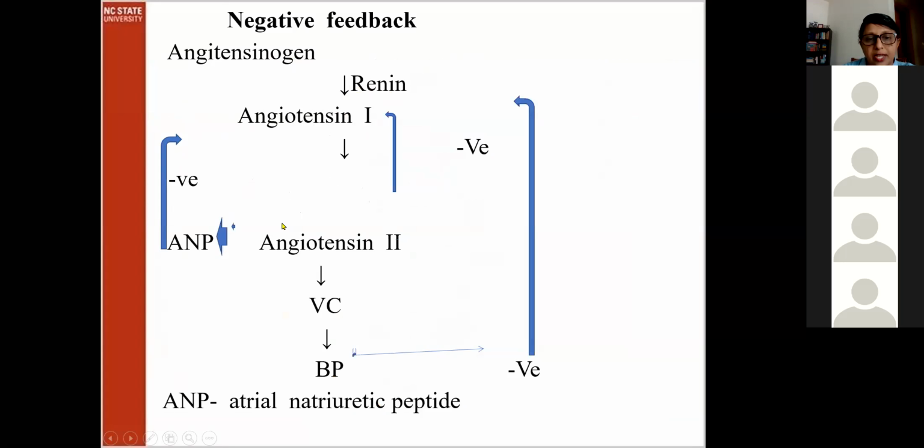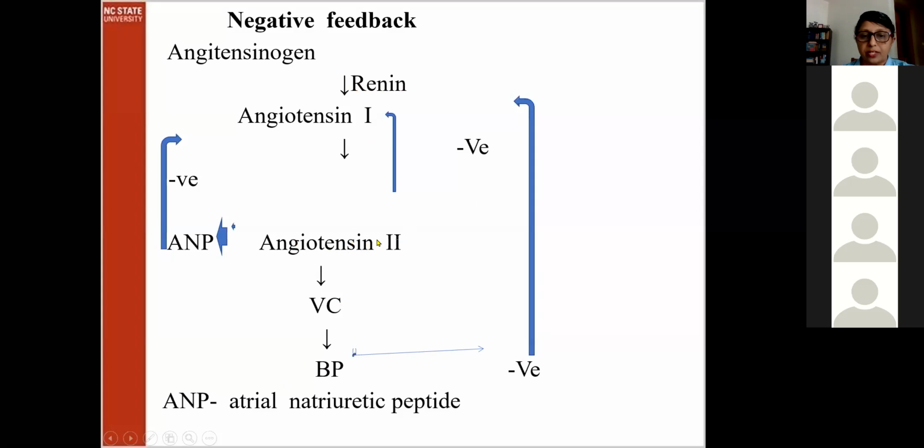So this angiotensin 2 has a direct negative feedback on the secretion of renin. So this is a short loop feedback mechanism. And angiotensin 2 causes vasoconstriction and increased BP. Whenever there is increased BP, again that has a negative feedback on renin secretion. So whenever there is increased BP, renin secretion will be reduced.